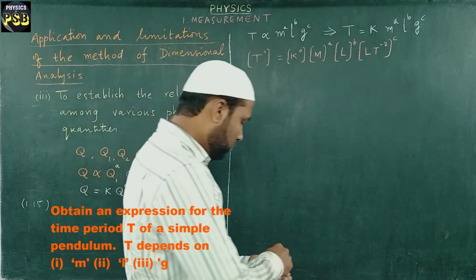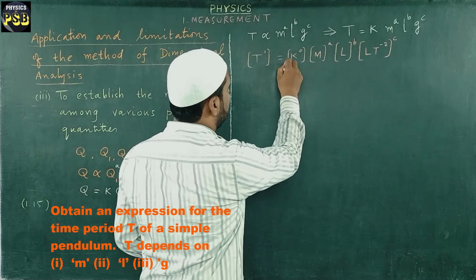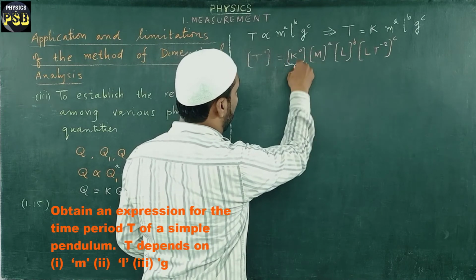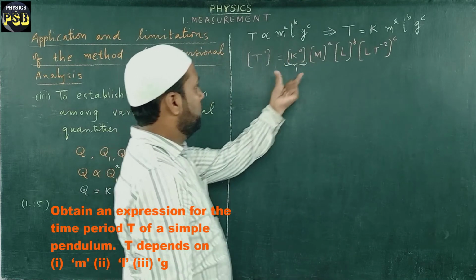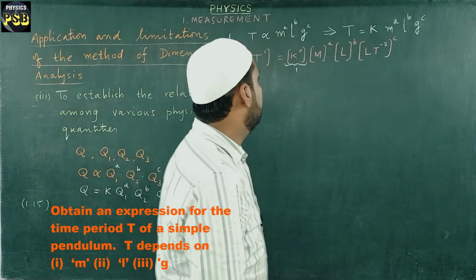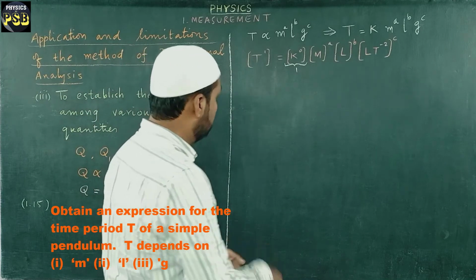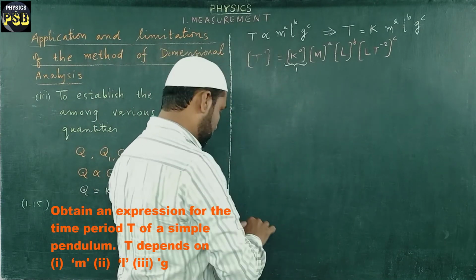Alright? We know anything raised to power 0 is 1. So by multiplying this with the remaining term, we are not going to make any change. The next step, see what I do.